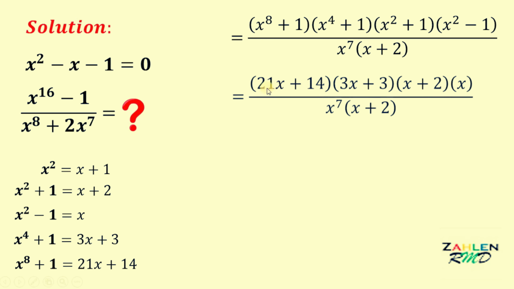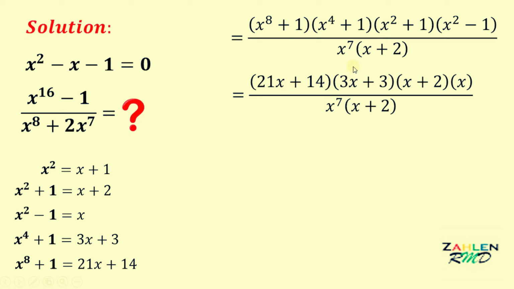If we do that, we get 21x plus 14 multiplied by 3x plus 3, which is x to the fourth plus 1, multiplied by x plus 2, which is x squared plus 1, and multiplied by x, all over x raised to 7 multiplied by x plus 2. As you can see, we can cancel out x plus 2 on the numerator and x plus 2 on the denominator.